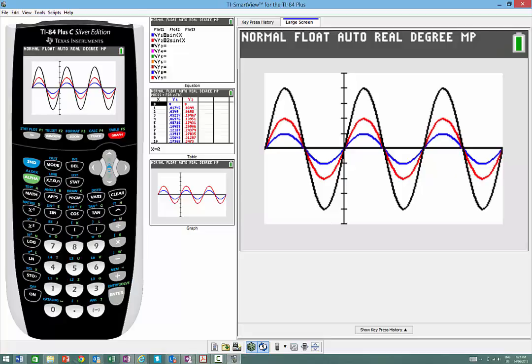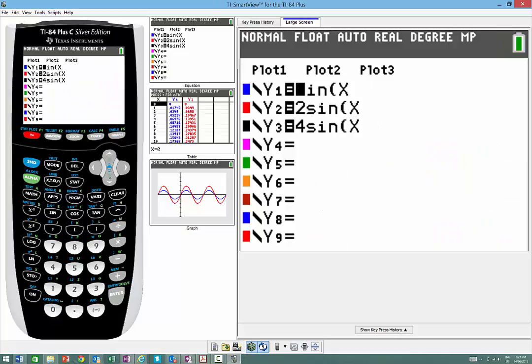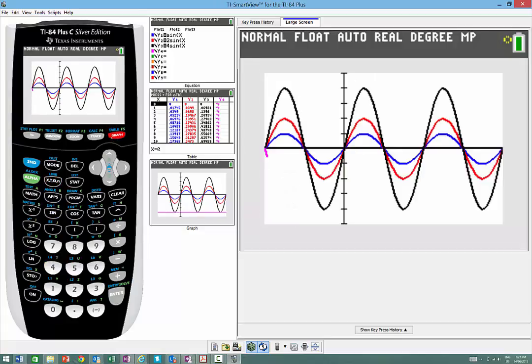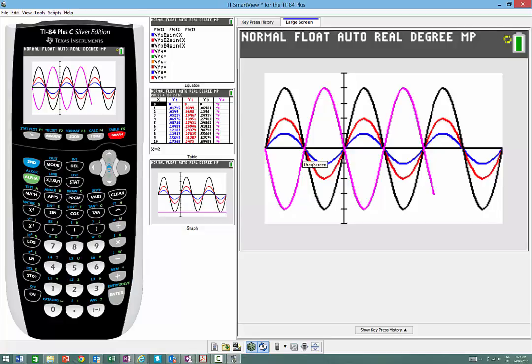And then in class, we looked at the idea of having a negative value. So if we put, say, negative 4 sine x and graph that, it's exactly the same as 4 sine x, but reversed. So instead of going up, it's coming down. It inverts the graph.